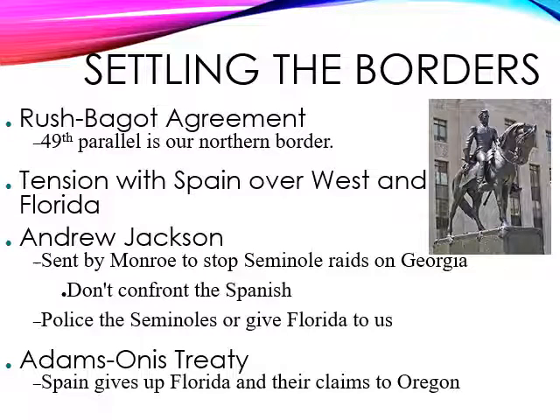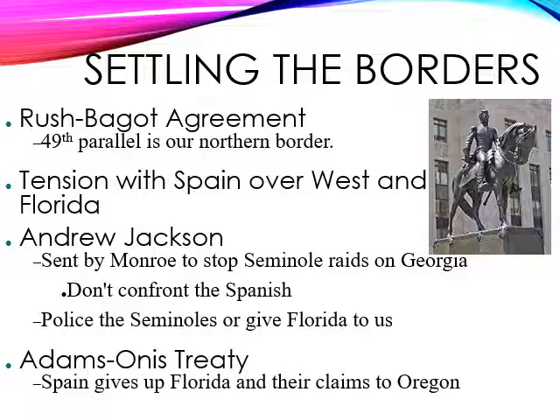The next thing we need to talk about is how our borders were changing at this time. The next slide will be a map, and I'll show you where these things were, but I just want to say them real quick first. The Rush-Bagot Agreement was an agreement with England deciding where our northern border would be, because sometimes we were thinking it was way up high, and we wanted to take a big chunk of what is now Canada, and they thought sometimes that it was way low, and they would take parts of Minnesota and parts of these states that we know as the U.S. today.